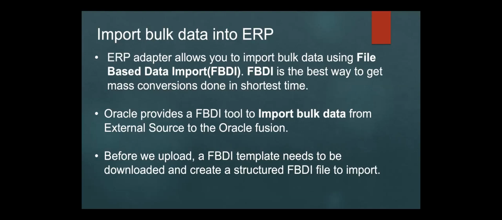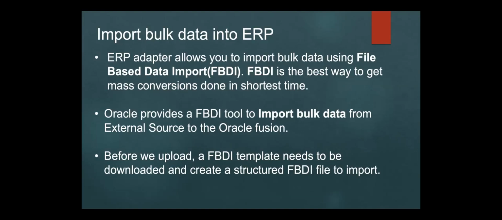There are a couple of things you would require. First, you would require that FTP, and you should know what kind of CSV file they have, the format. Then you need to upload that data into the ERP. Let's suppose you are uploading the suppliers.